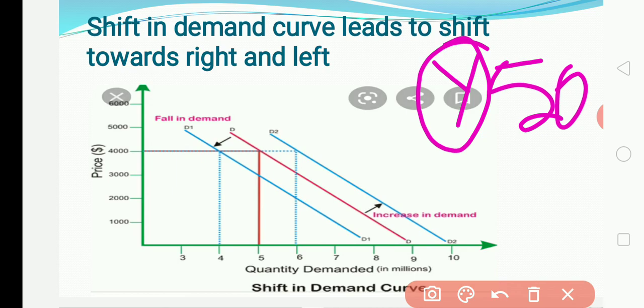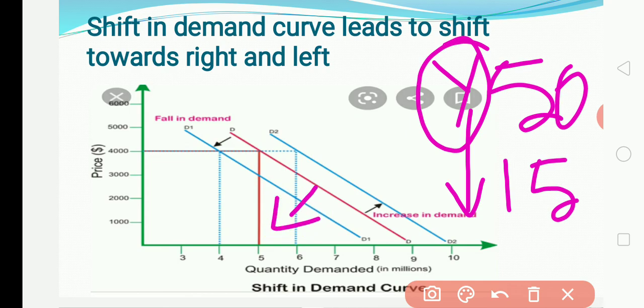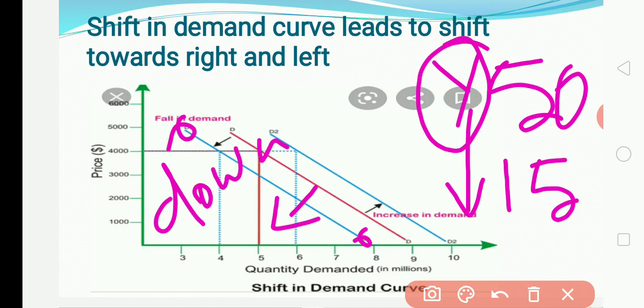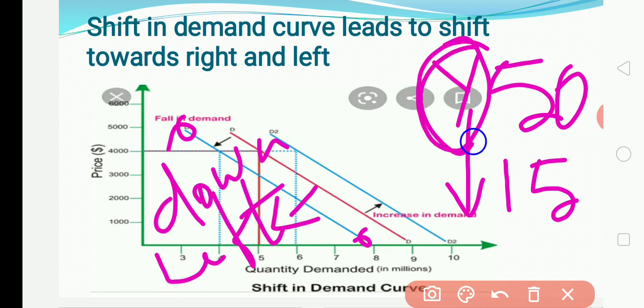Now, when the income is decreased to 15,000, from 50,000 to 15,000, when income decreases, here the demand curve shifts downward. That is D1, D1. The demand curve is shifting downward or left. Why? Because the income of a consumer is less.